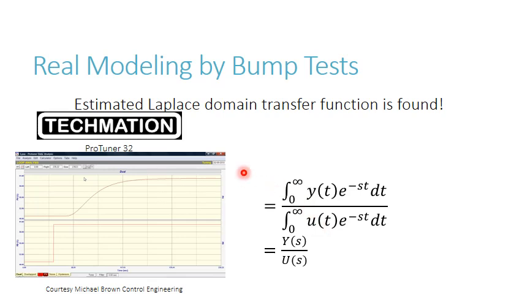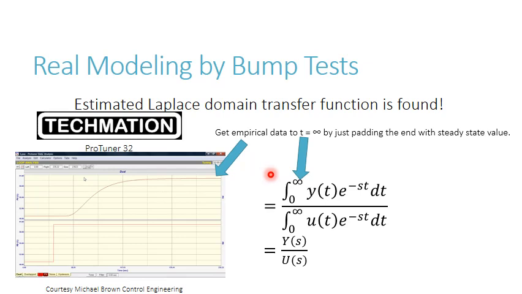Now there's another little question about this part, a little mathematical detail, which is quite a serious detail. How they get data to infinity is, as you can see, it's in steady state here. So you just pad a huge amount of data at the end of this data. You pad it with the steady state value to simulate a value going to infinity, so you can do a summation.